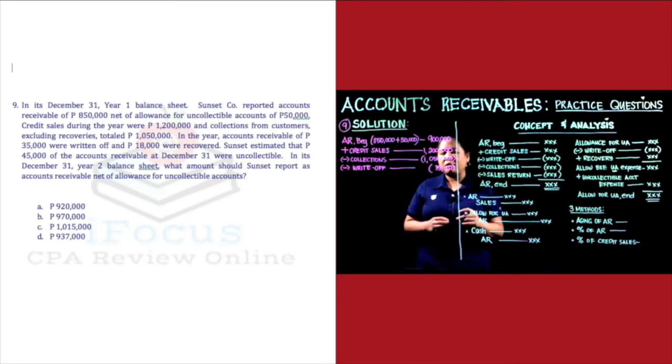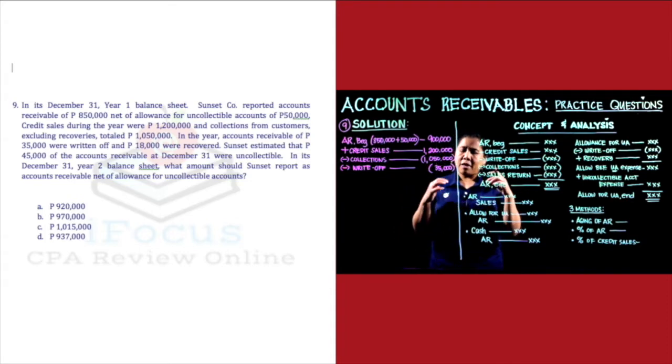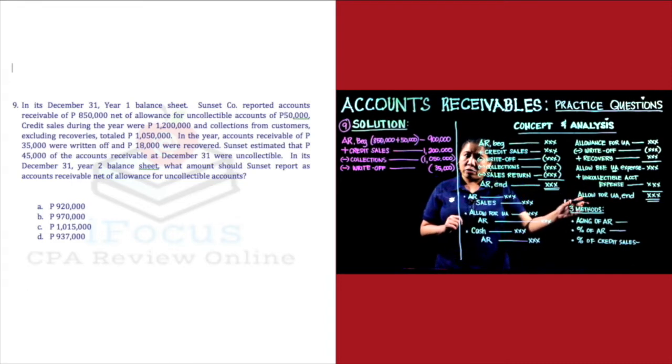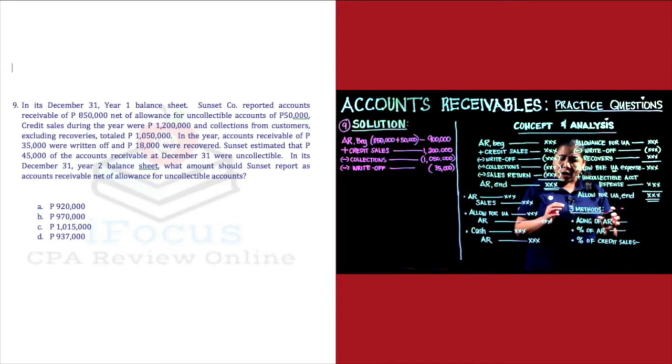Sunset estimated that 45,000 of the accounts receivable at December 31st were uncollectible. So, anong ibig sabihin nun? Binigay na ng problem kung magkano ang ending balance ng ating allowance for uncollectible accounts. So, there are three methods. We have our aging of the accounts receivable, the percentage of the accounts receivable, at ng percentage of credit sales.